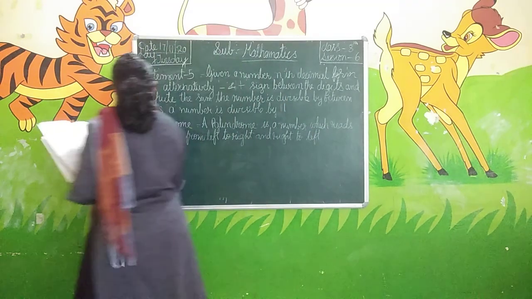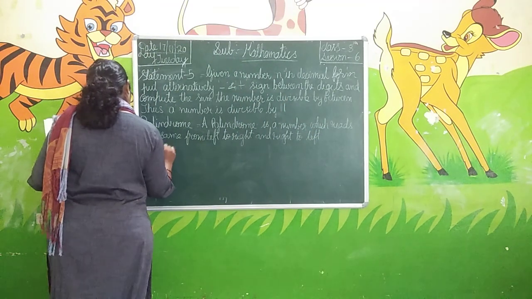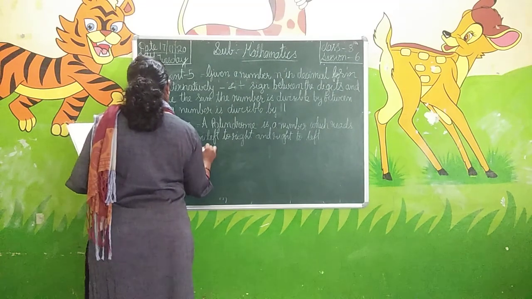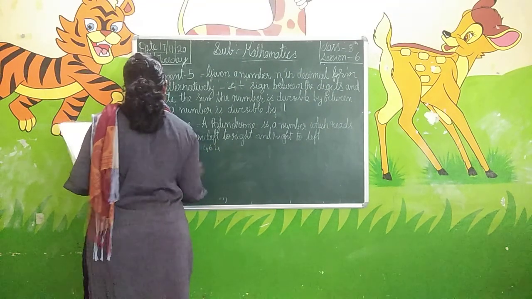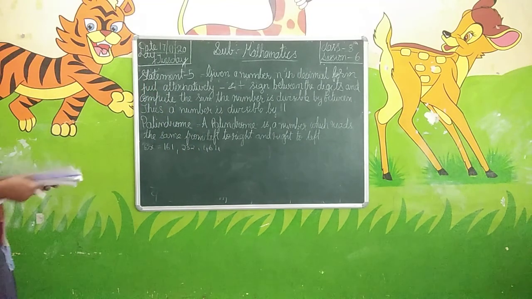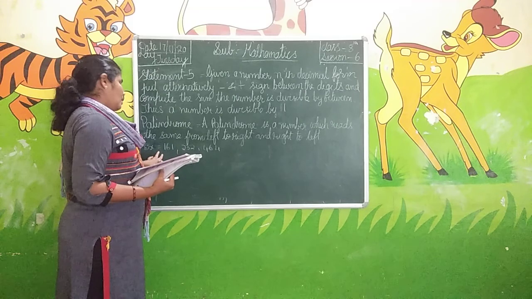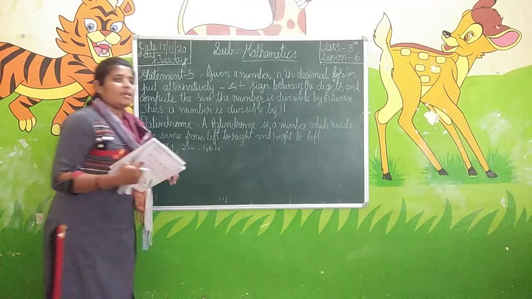Okay students, example 161, 232, 464. Okay, these are palindromes. When we read the number from right to left we get the same number, and also from left to right we get the same number.